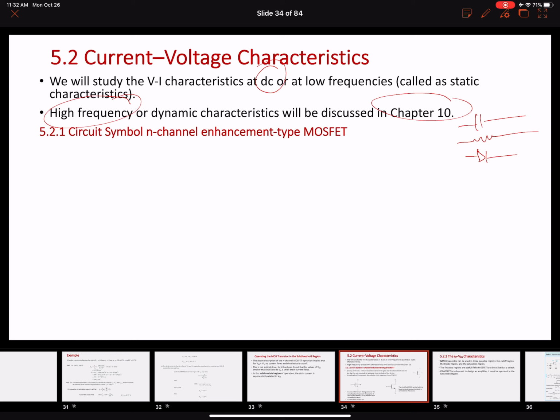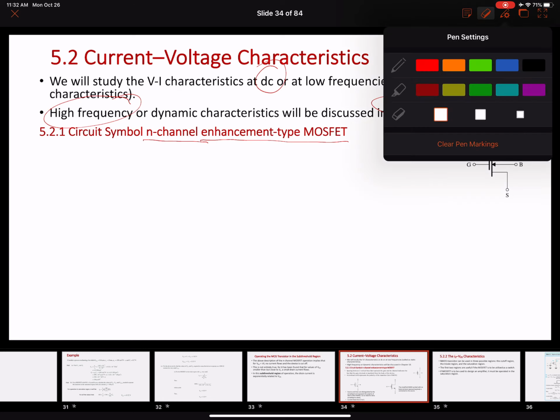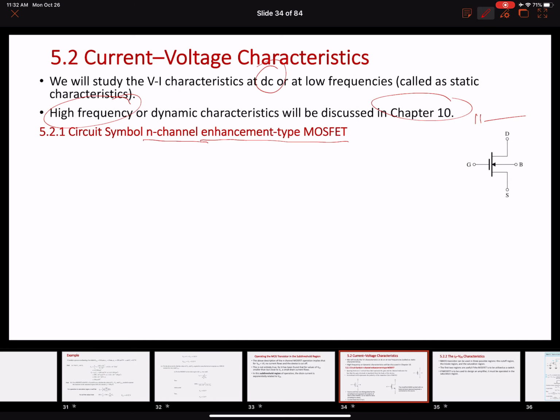For an N-channel enhancement type MOSFET, the symbol looks something like this. We are going to simplify the symbol, and we will see the symbol that is mostly used in the literature, the problems, or the circuits that you usually see, but this is the most detailed symbol.